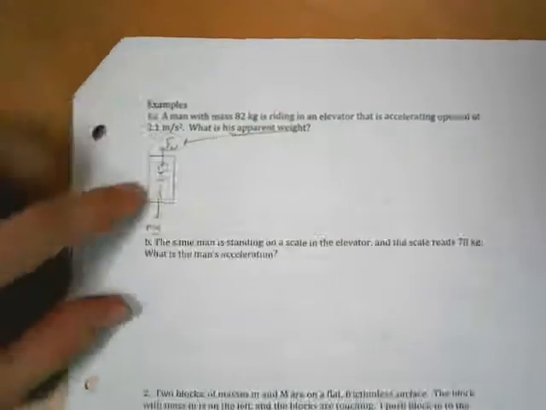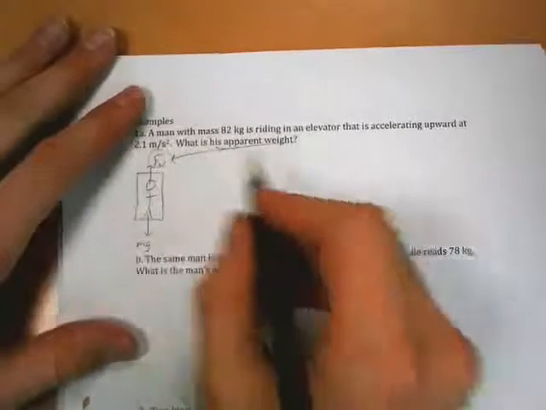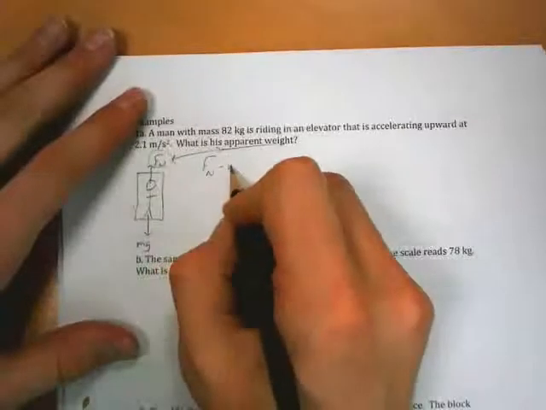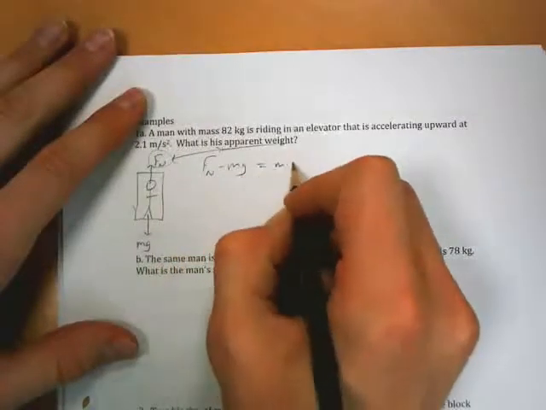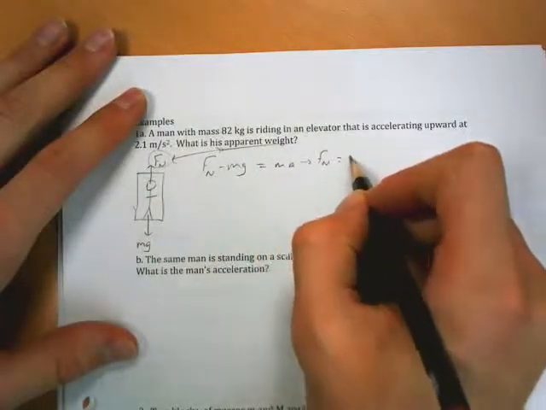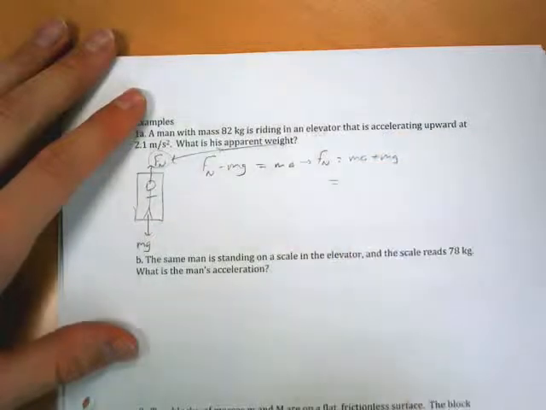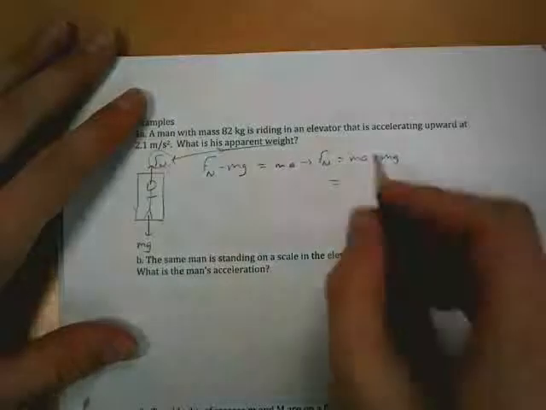And our equation for Newton's second law is exactly the same as it was over here. We've got normal force minus mg equals mass times acceleration. So normal force equals ma plus mg. We've defined up to be positive. Our acceleration is up.